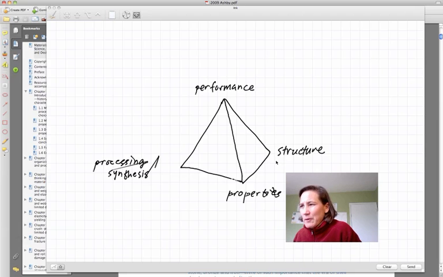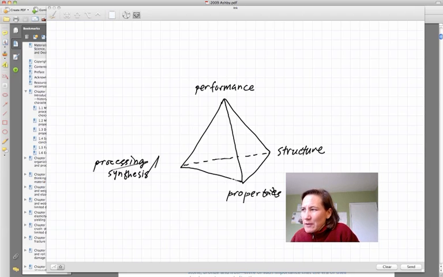And so another way that we can say that is that imagine that there's a sort of invisible line going back behind the tetrahedron here, that the performance depends on these three aspects of the material: the processing, the properties, and the structure, all which are related to one another.